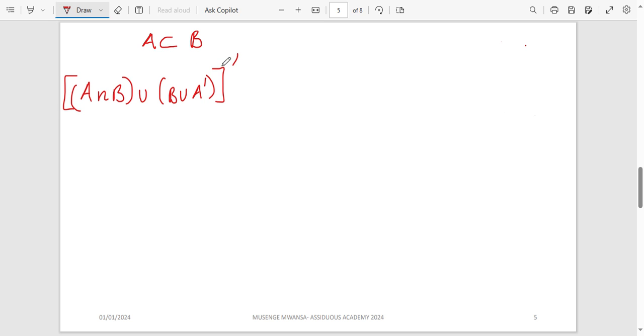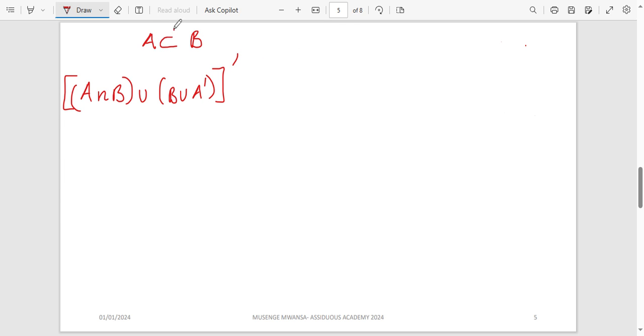Simplify as far as possible. These are interesting questions you'll be able to find. Who can tell us what should be the first thing that we are going to do?